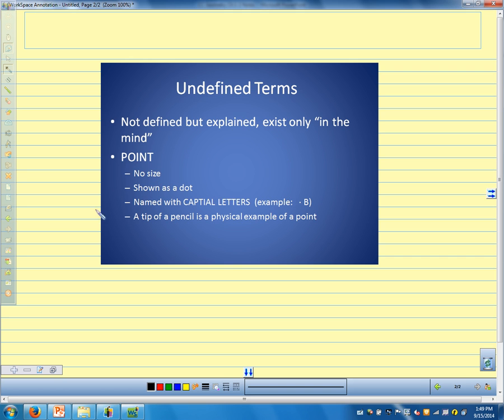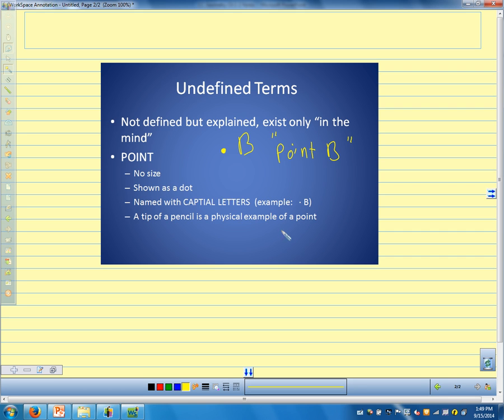We usually show a point as a dot, and we name it with a capital letter. So this would be point B. So important characteristics or facts: it's undefined, doesn't have any size. We show it with a dot and we name it with a capital letter.